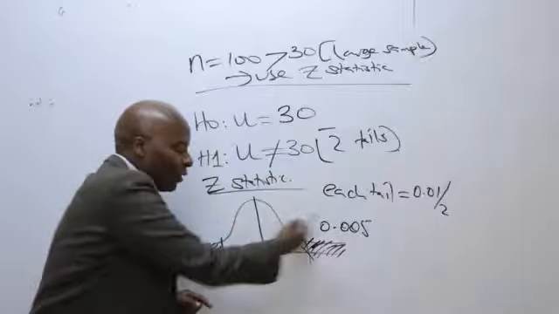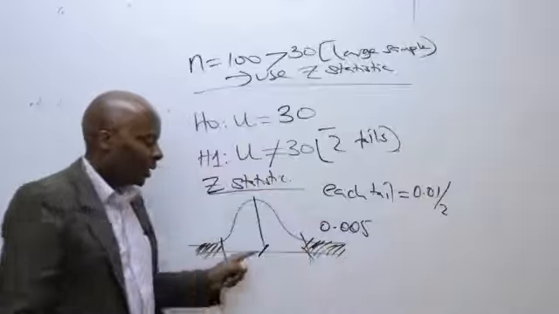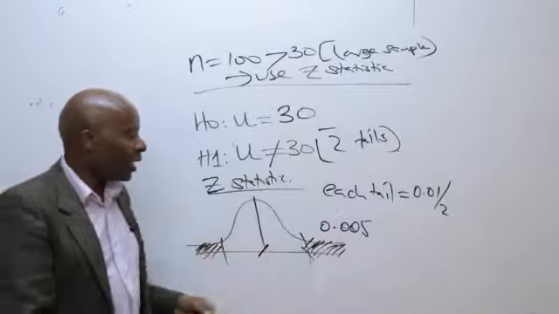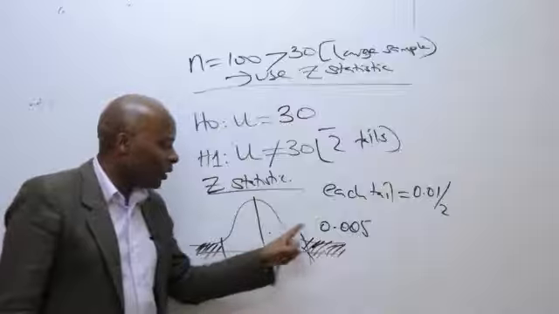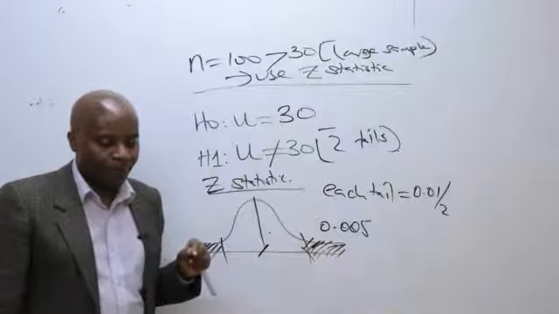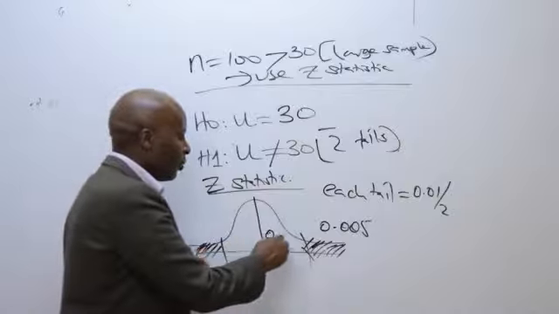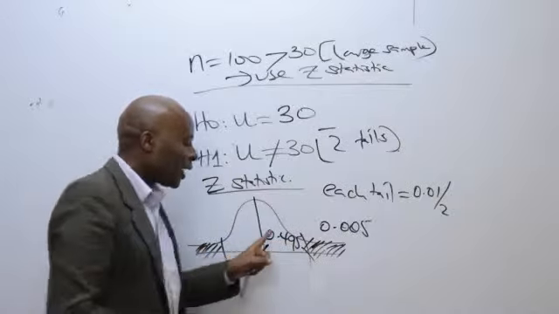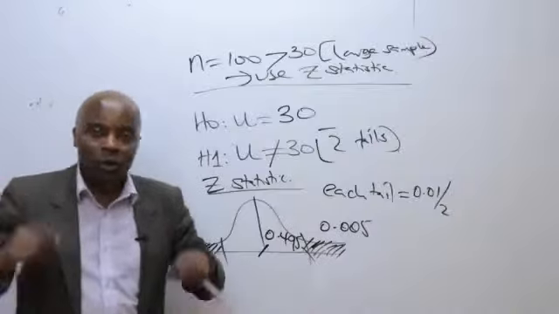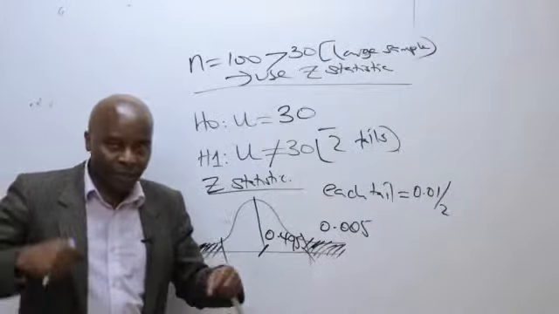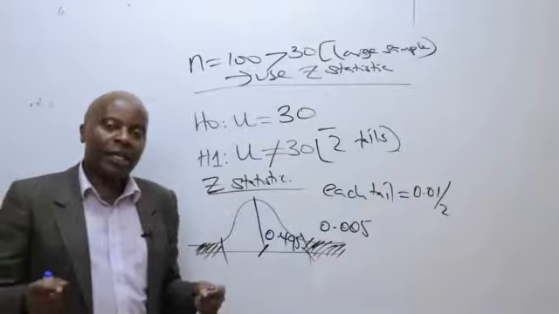Then we have this small shaded area of 0.005. Therefore, this one will be 0.5 minus what is here. This gives me 0.495.